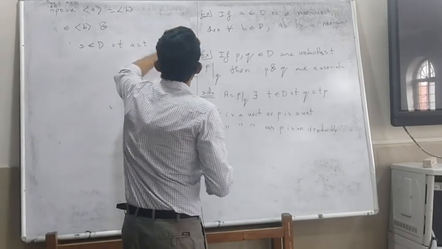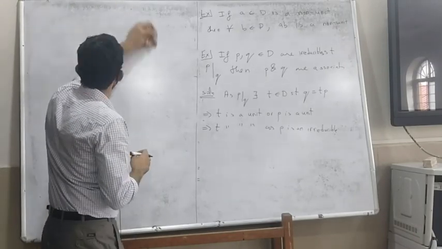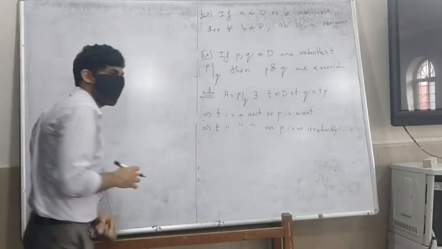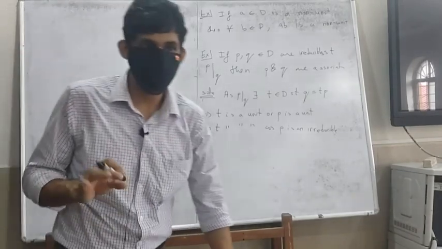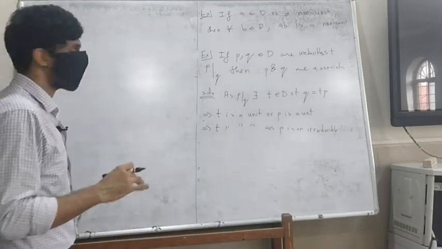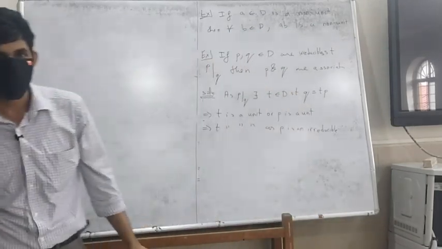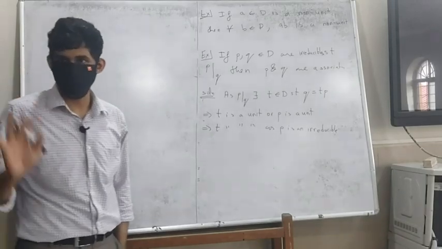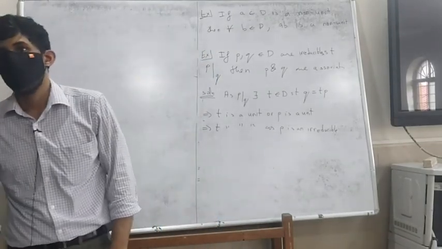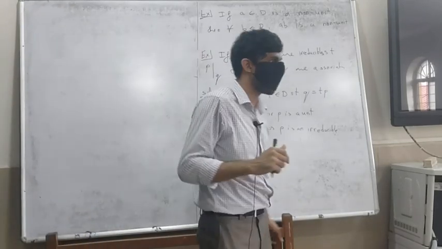The one thing which we would like to prove is that the prime ideals and maximal ideals are the same in PIDs. Okay, so one, we will prove that the prime ideals and maximal ideals are the same.